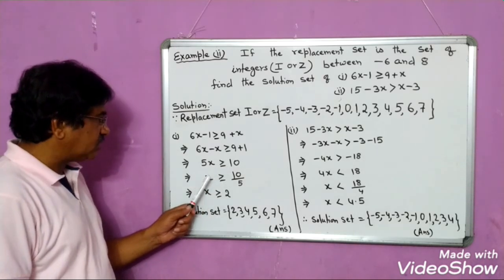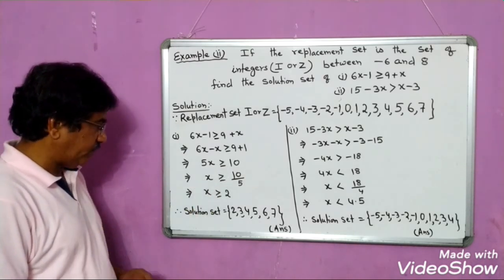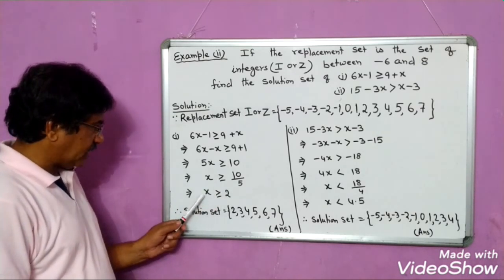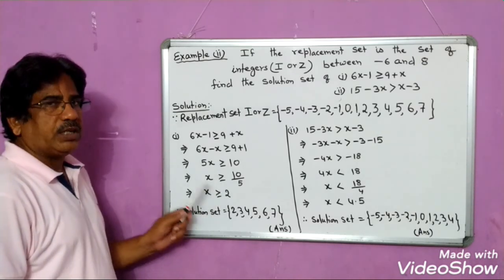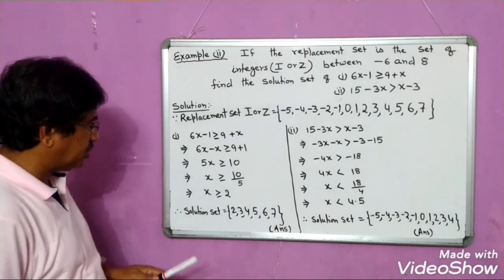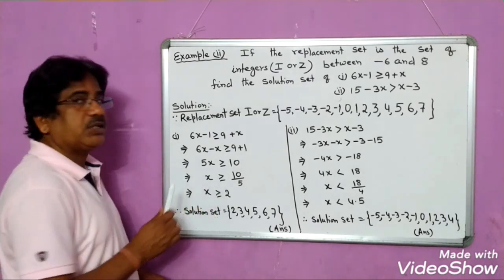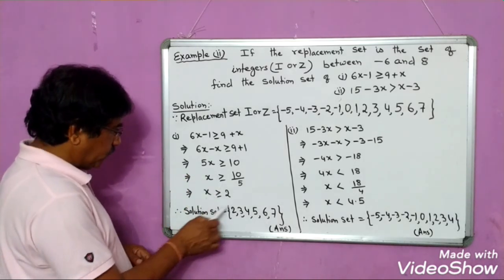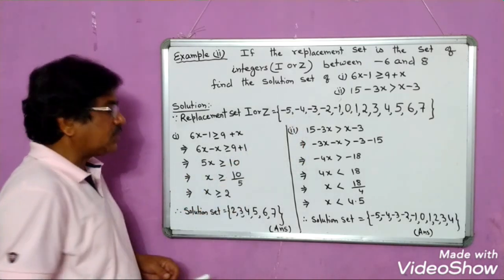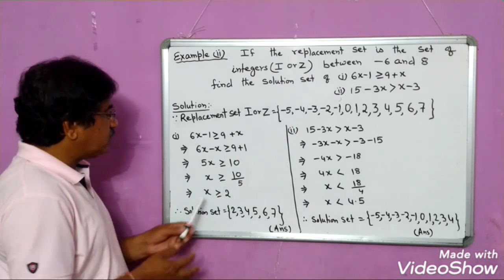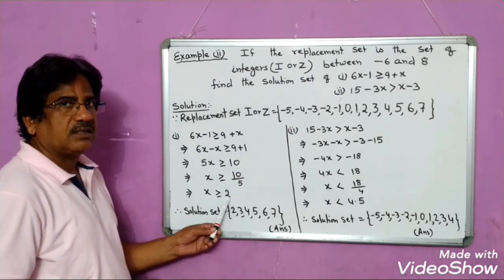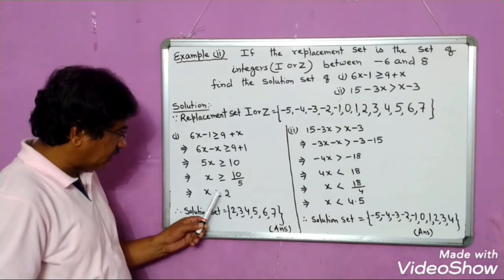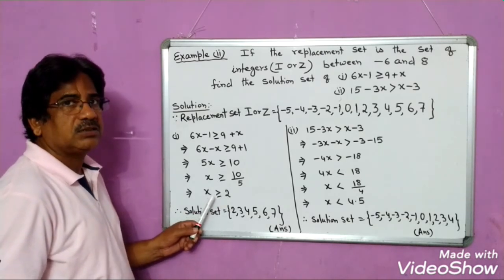So finally x is greater than or equal to 10 by 5, and if you simplify this, you find that x is greater than or equal to 2. Now as per the condition, x is greater than or equal to 2. So we have to find out from the replacement set which values satisfy this condition, which are either equal to 2 or greater than 2.